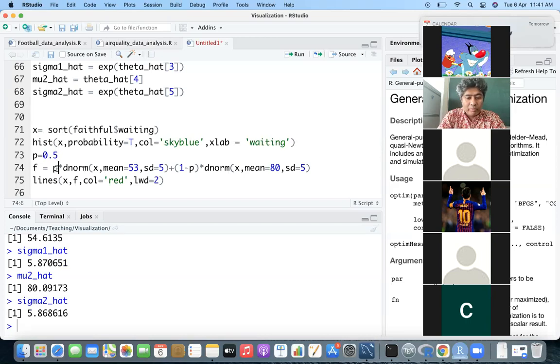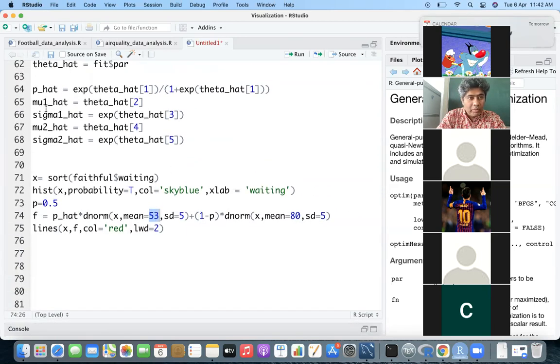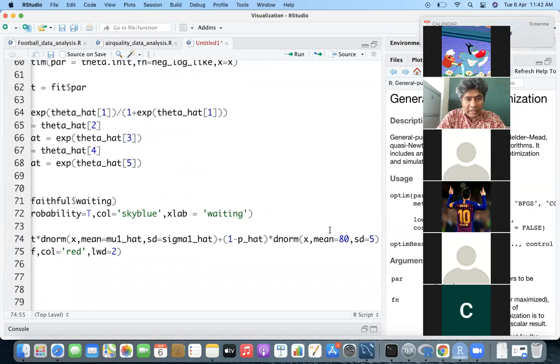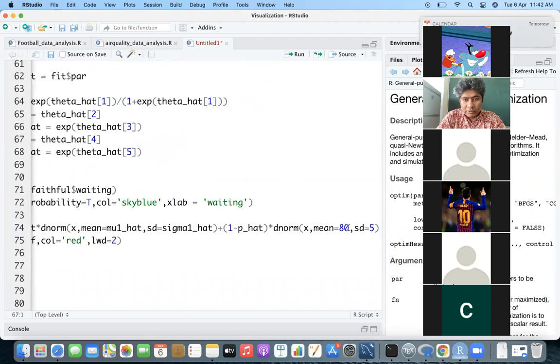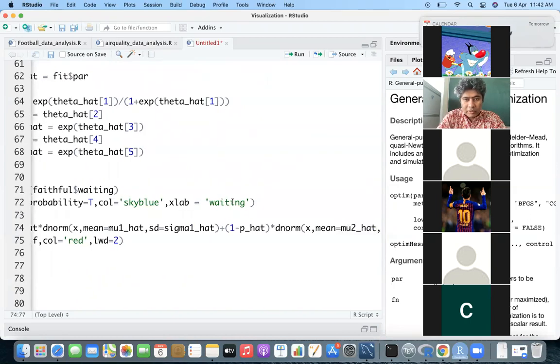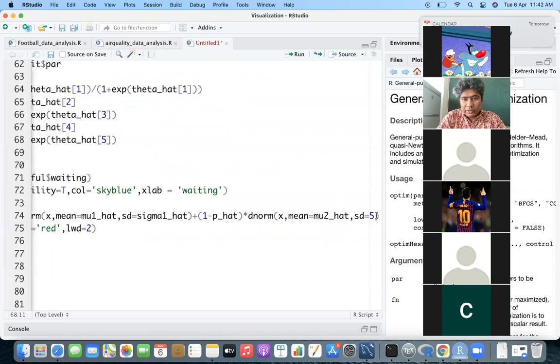So I will use p hat, mu1 hat, sigma 1 hat, and then p hat again, then mu2 hat, and then sigma 2 hat.